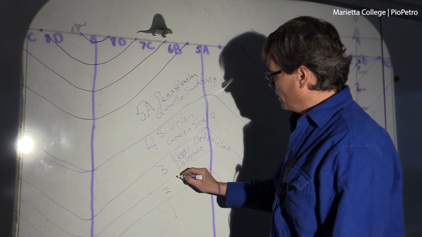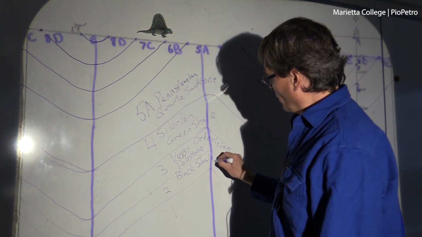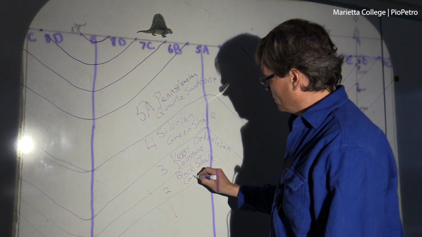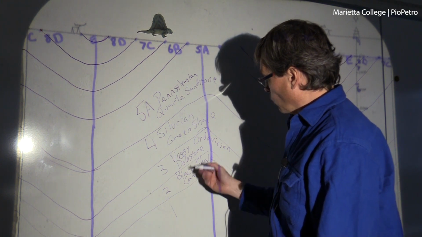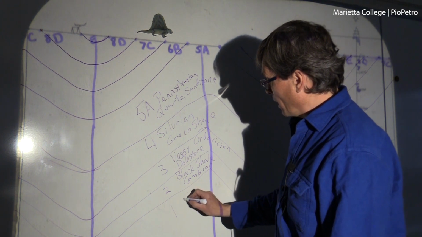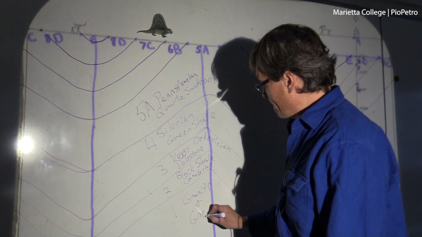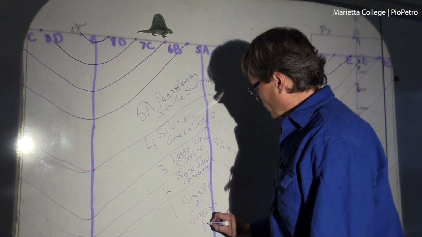Layer 2 is the black shale. And that is Cambrian. Layer 1, well, it's not a layer, it's basically basement rocks. It's granite and gneiss, and it's Precambrian.